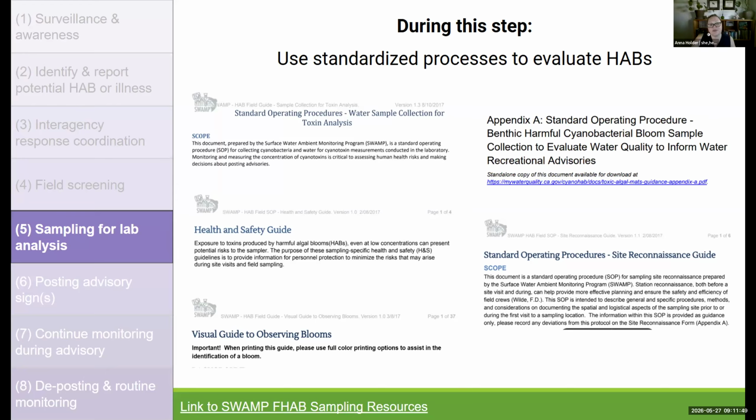Again, these resources are available to you and anyone else on our FHAB portal, which is also linked here. And we're going to be linking to specific standard operating procedures, or SOPs, and other resources along the way today as well.